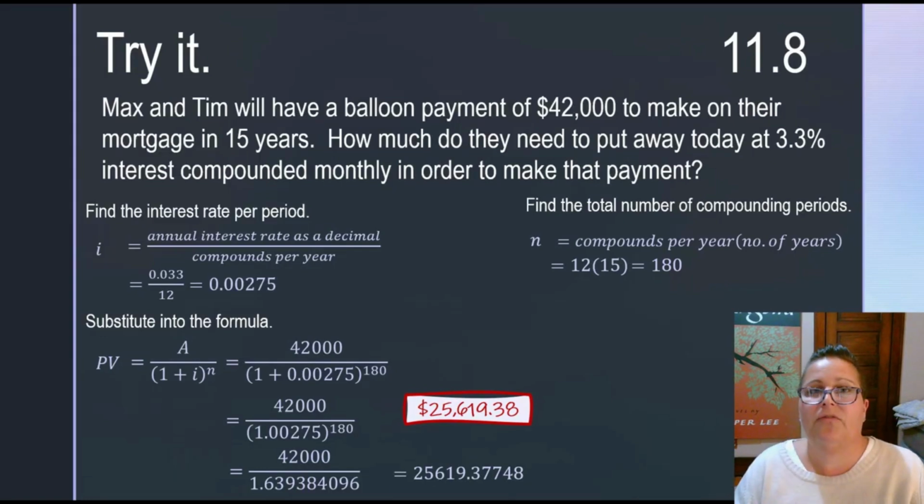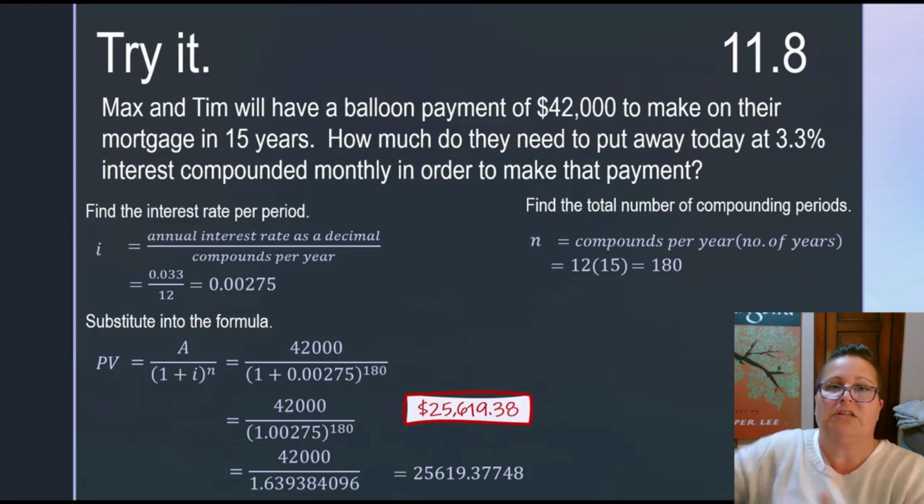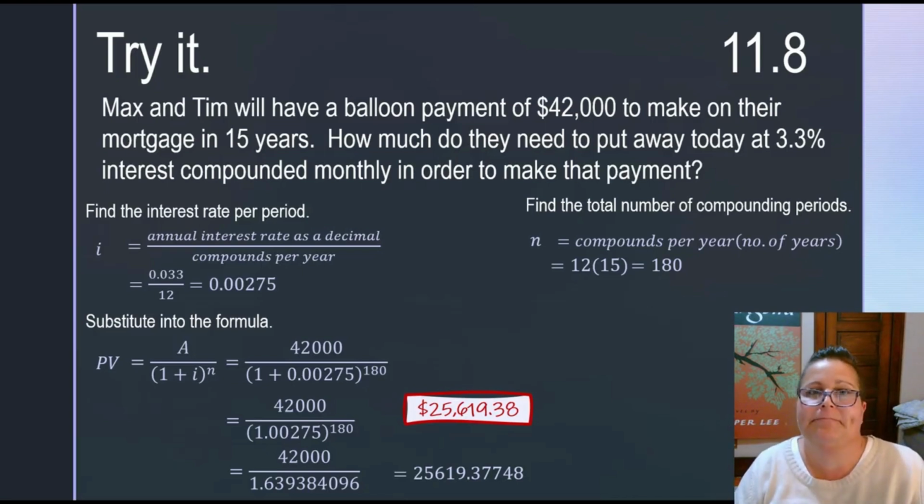So instead of paying $1,200 a month, you're only going to pay $1,000 a month. And those $200 payments that you're missing, you're going to catch up in 15 years with a bulk payment of $42,000. That's essentially what a balloon payment is on a mortgage. They artificially lower your monthly payment, and then at some point you have to catch up.